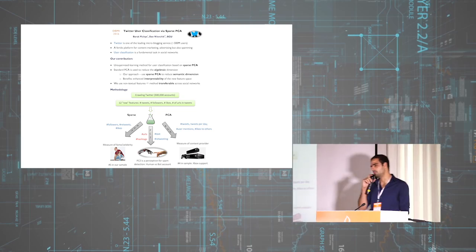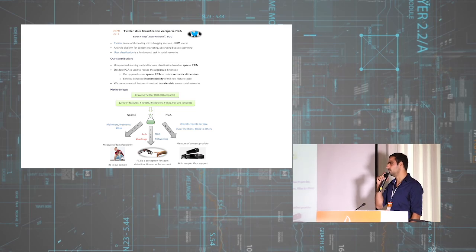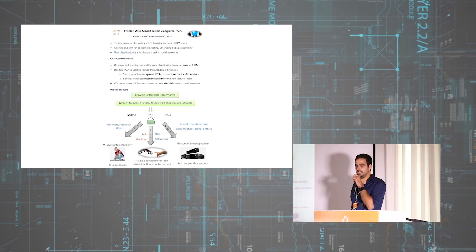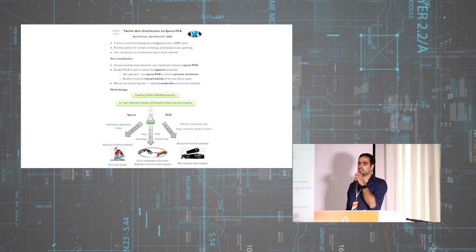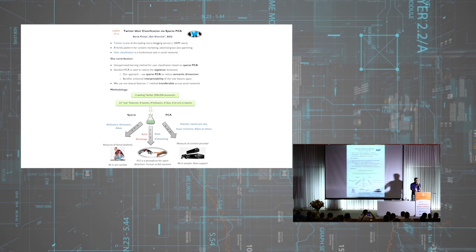Basically, you all probably know Twitter, a social network for microblogging. What we try to do is create an unsupervised method to detect user classification in Twitter. So basically, we crawled over 3,000 users, extracting 12 features from each user.